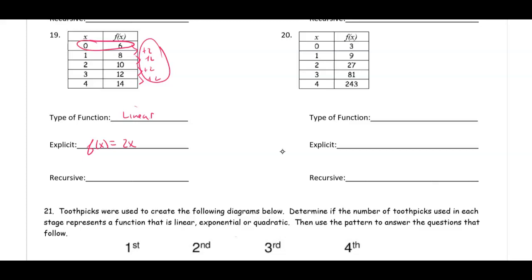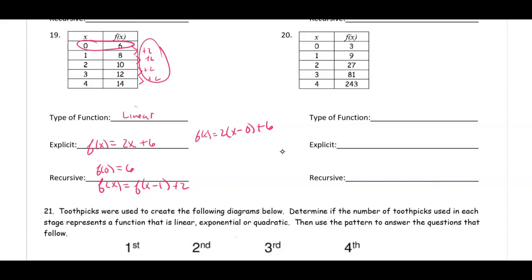And what did I start with? Plus 6. You could also do, if you wanted to, 2 times x minus 0 plus 6. I'll take either of those. Okay, the recursive, you start at f of 0 equals 6. Then f of x equals f of x minus 1 plus 2.